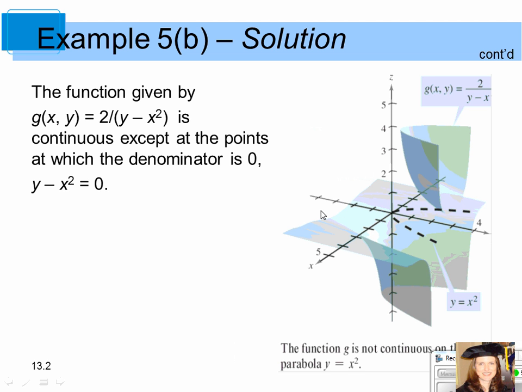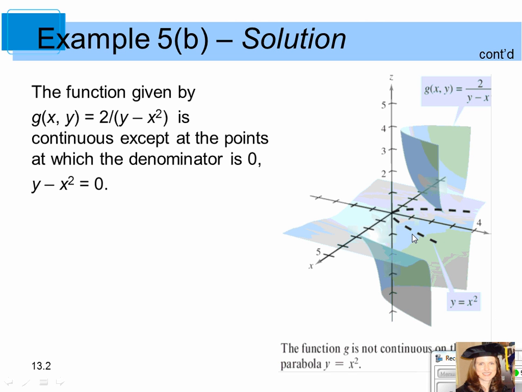The second one, again, was g(x,y) = 2/(y - x²). y - x² cannot equal 0, and if y - x² = 0 and you solve that, you get y = x². The function is continuous everywhere except where y is equal to x².